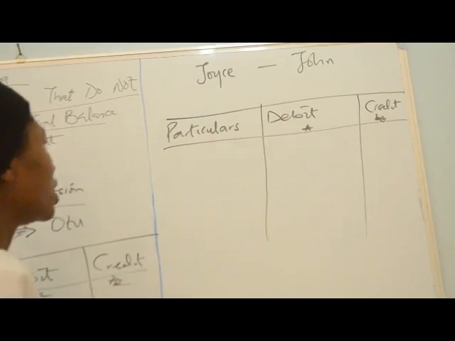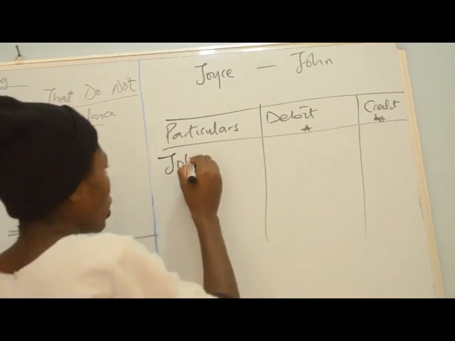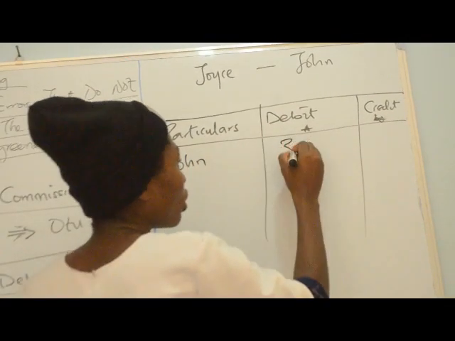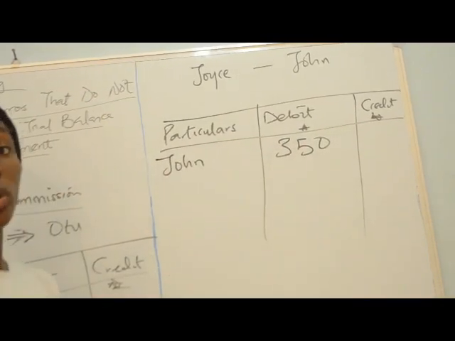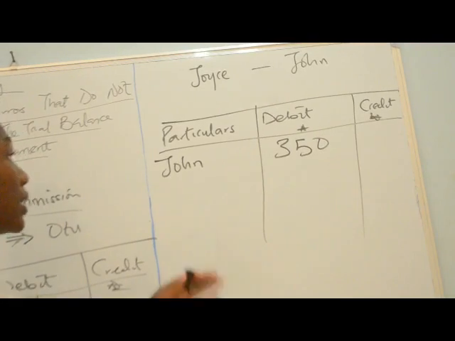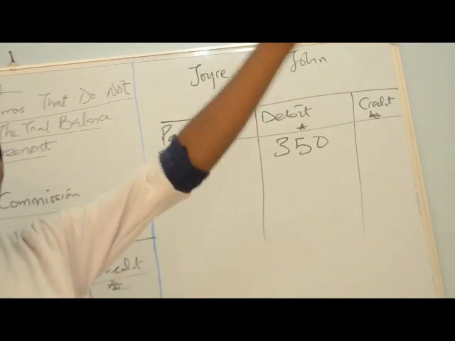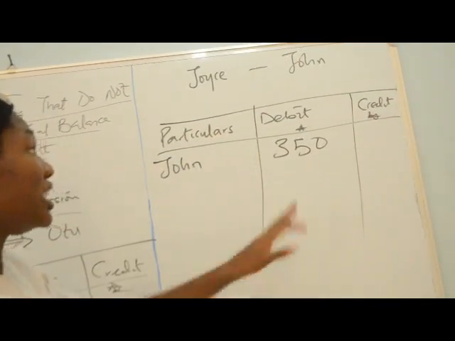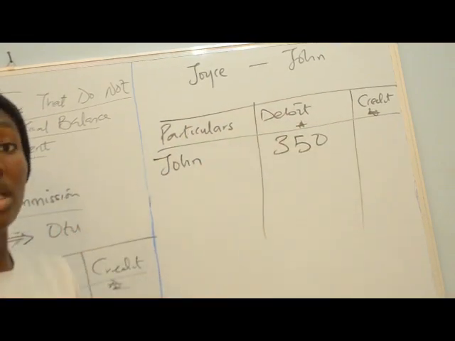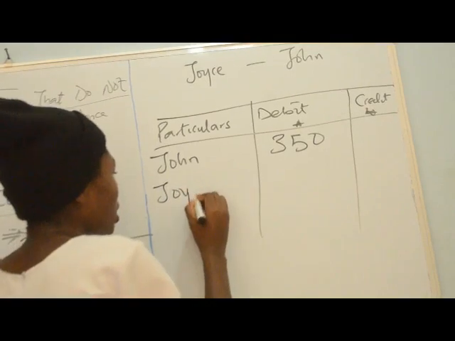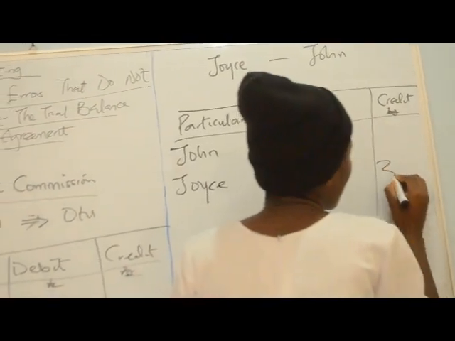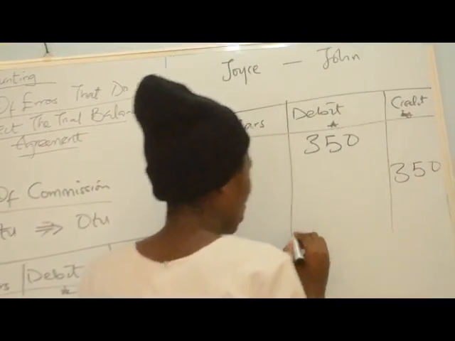So we'll be entering for John this error correction of 350 naira, because this is a supplier. Usually suppliers are credited, and that means John's account has been credited in error, so we'll be debiting it to cancel off that mistake. Then we'll be entering for Joyce 350 naira.